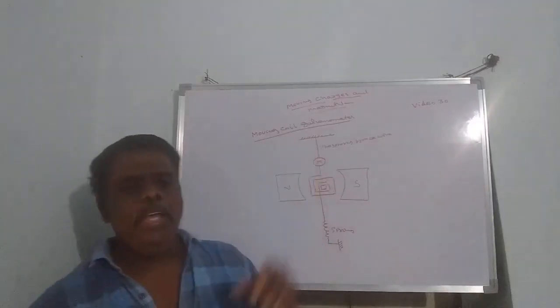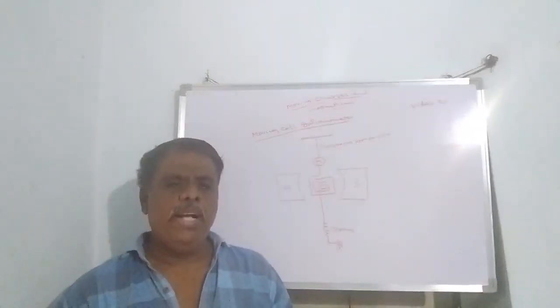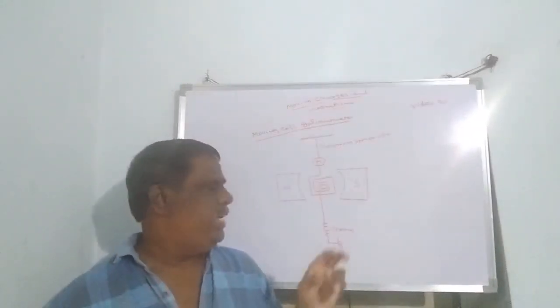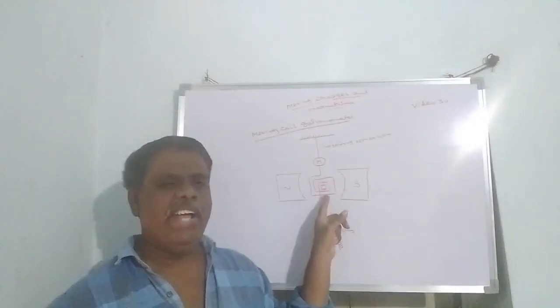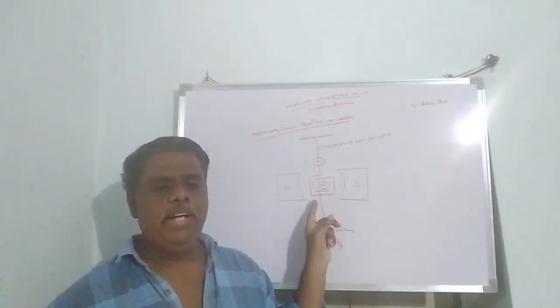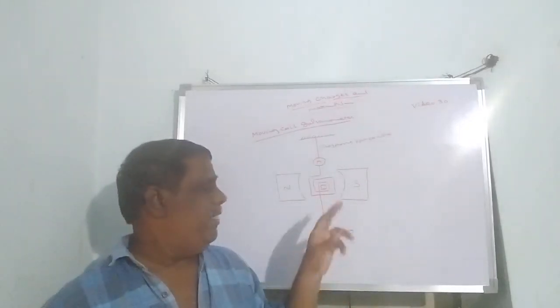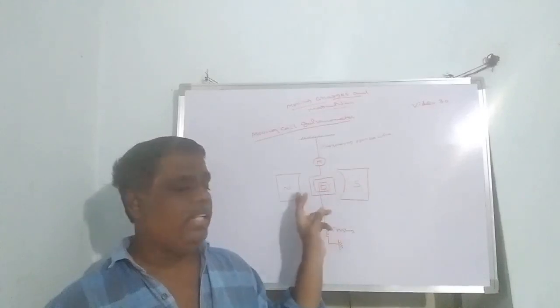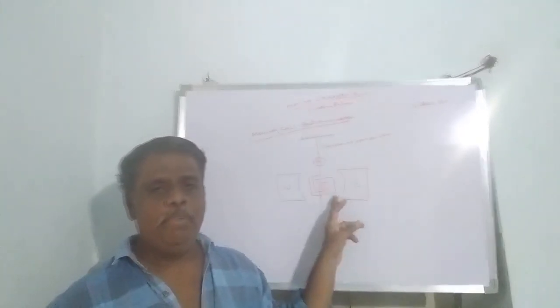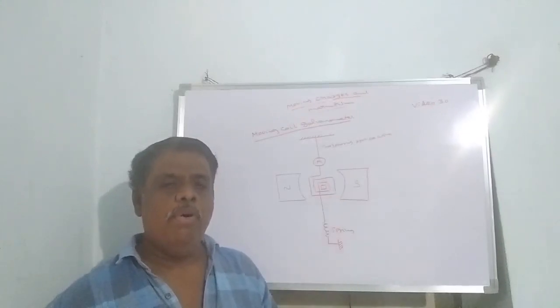What is the main principle of the moving coil galvanometer? The working principle is that when a current carrying coil is placed in a radial magnetic field, it experiences a torque. That is the working principle of the moving coil galvanometer.